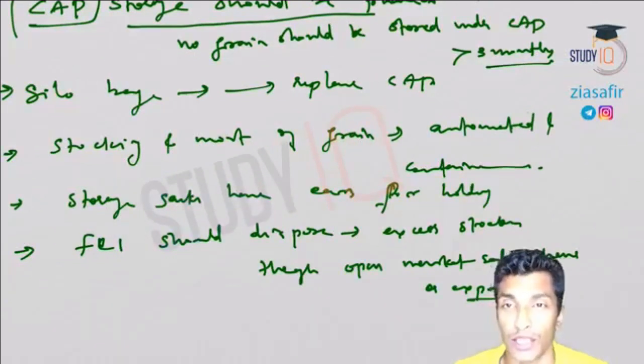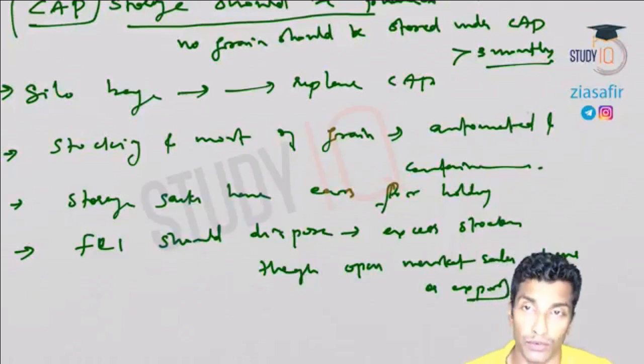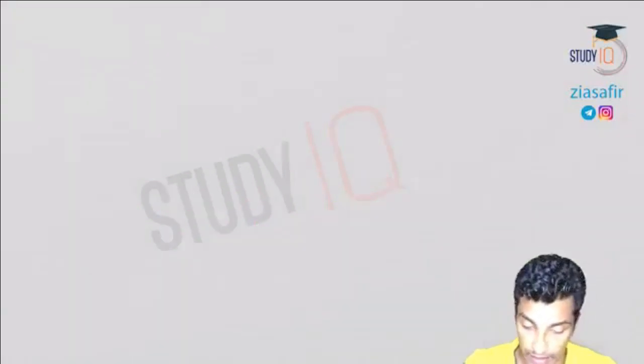So these are the Shantakumar committee recommendations. Have an idea so that you can write in your answer if you get a question related to FCI or stocking, buffer stock, movement of food grain, etc.